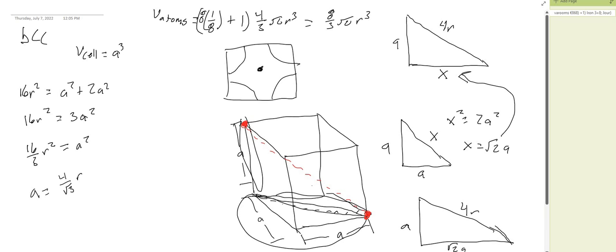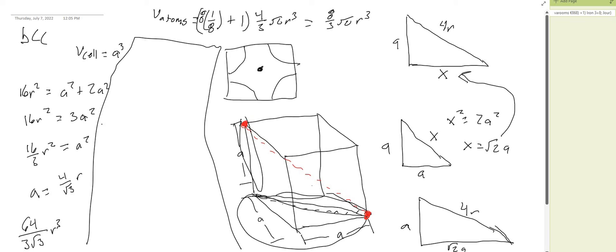Because V cell is a cubed, we're going to cube that, and we get 64 divided by 3 root 3 r cubed as our volume. So our APF is going to equal 8 thirds pi r cubed divided by 64 over 3 root 3 r cubed.